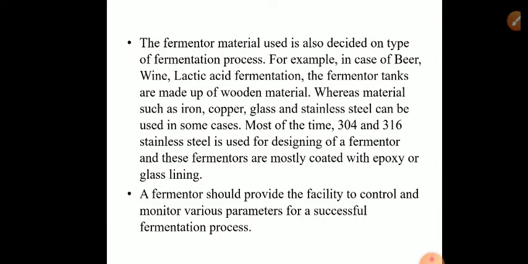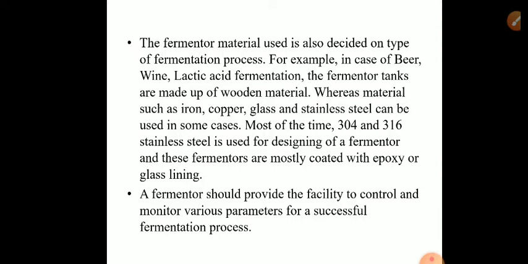But depending upon the type of fermentation product, a fermentation vessel may be made of iron, copper, glass or stainless steel. Most of the time the fermenters are coated with epoxy, glass linings or stainless steel linings, depending on our requirement.